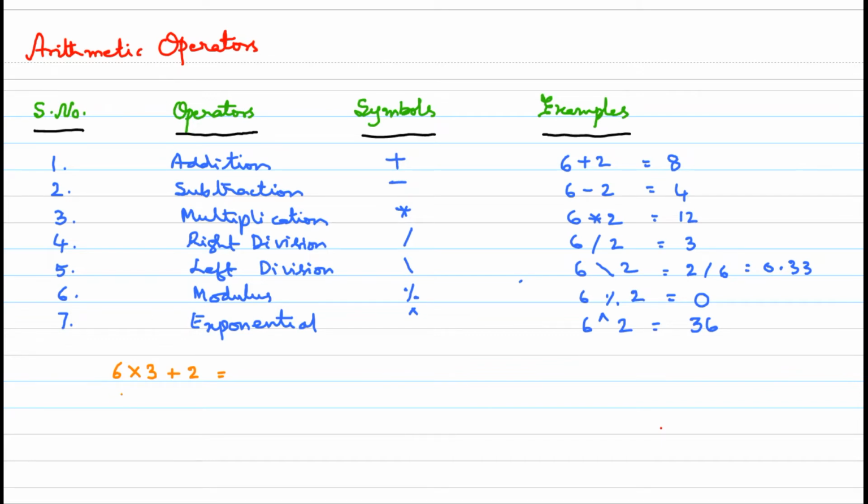One person may say that 6 into 3 is 18, plus 2 is equal to 20. The other person may say that 3 plus 2 is 5, so 6 into 5 is 30. So now which one is right?